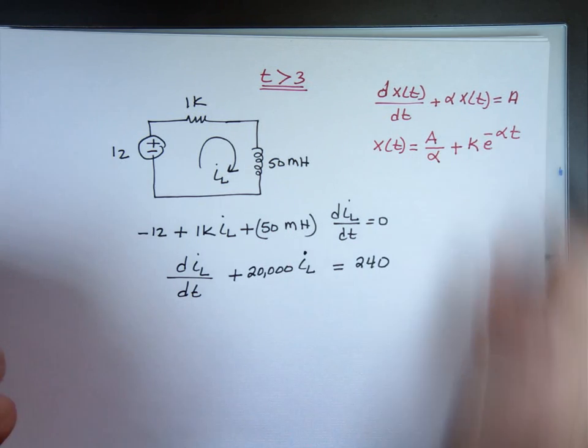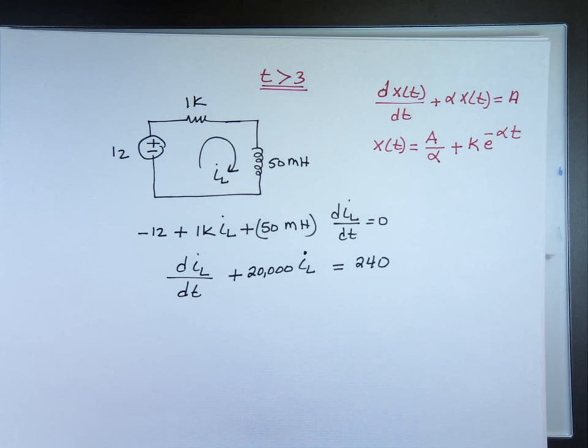Right? That's the handout I gave you. The handout has dx over dt, not dx of t over dt, which I don't think is really a big deal. Yeah, as a function of time. I don't think that was a big deal.